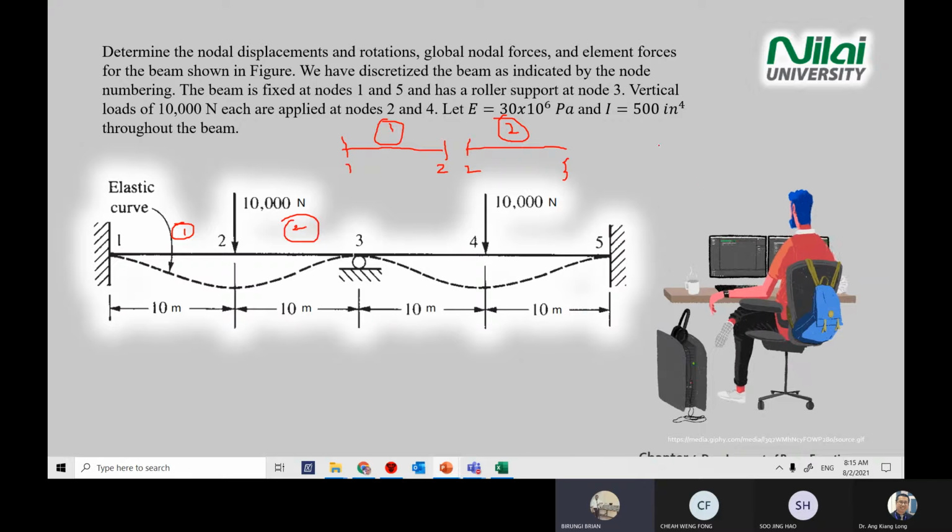Your answer is what? Do you understand the question? I'm asking you what is the total element you can have from this question. You can answer from the red color diagram that I draw on the screen here.